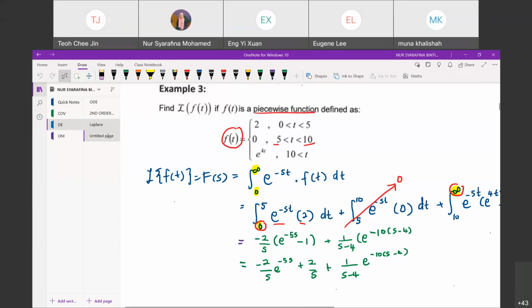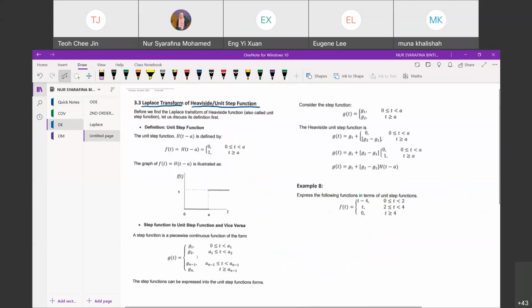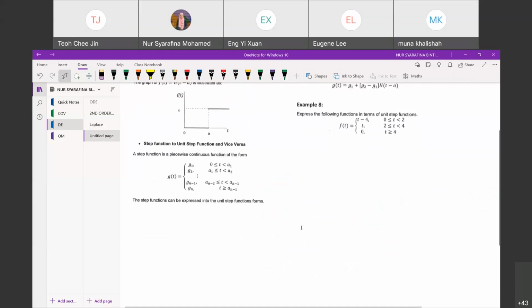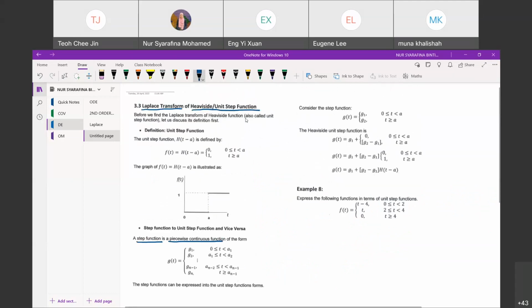So now we have this unit step function. The piecewise function that we have learned previously, we can call it a step function. Now, what is a unit step function? Before we find the Laplace of the unit step function, let us discuss the definition.